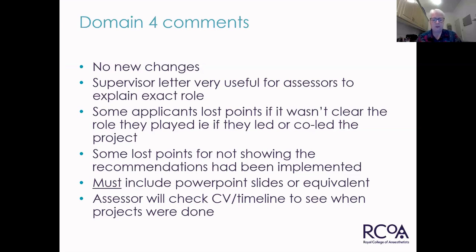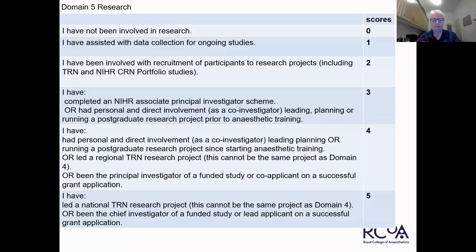You must also include your PowerPoint slides or equivalent for any projects you've been involved in. Sadly, some applicants in the last round lost points or got no points in this section because they didn't include these. So make sure you do include these. And as I said before, the assessor will check your timeline to see when your particular project fits in relating to your career, so whether it's done before or during stage 1 training particularly.